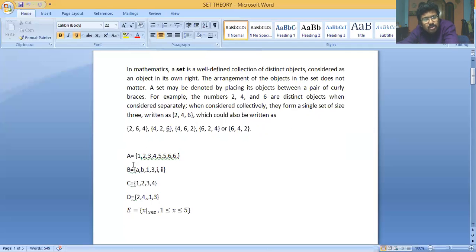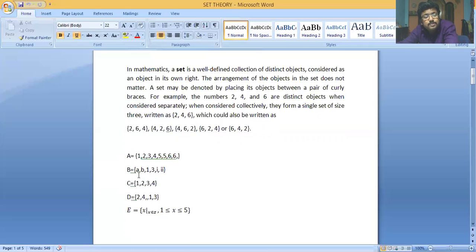And B is not a set because it is not well defined. Here are English alphabets, numerical numbers, and Roman numbers, so this is not a well defined set. But you can say that it is also a set if we take the English letters, the numerical numbers, and Roman numbers together to make a set.